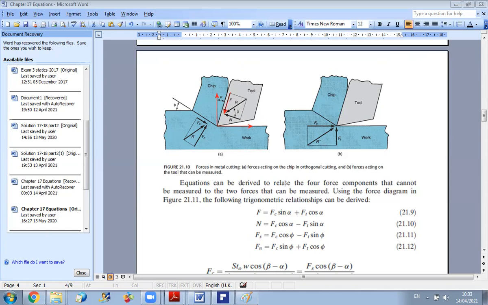So from your vectorial relation, R is equal to minus R prime, and R can be written as F plus N. R is equal to F plus N, okay, and R prime can be written as, so it's equal to minus Fc vector plus Ft vector, okay.